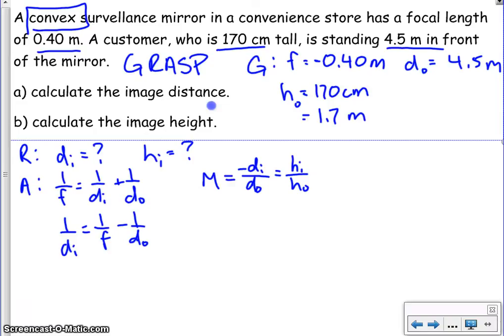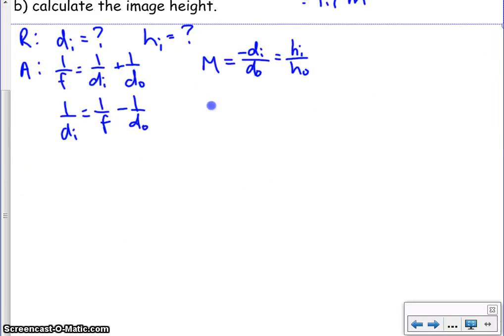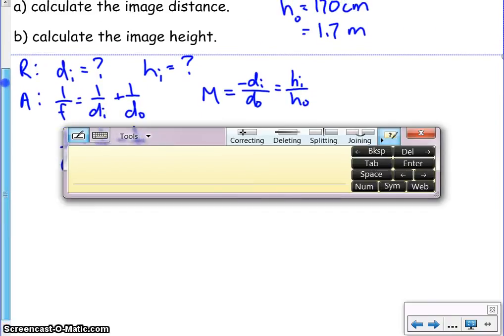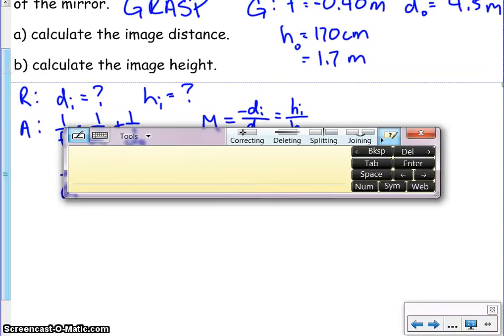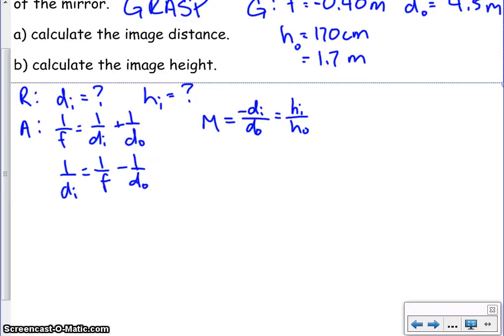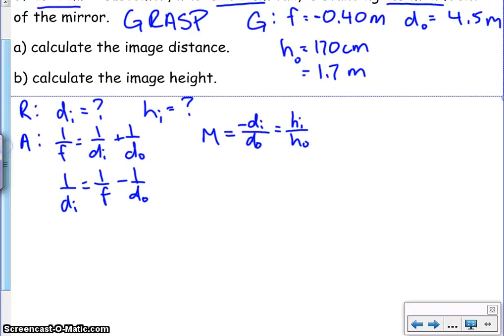So I'm going to move on and do my solution where I plug in my values. 1 over di equals 1 over negative 0.40 minus 1 over 4.5.